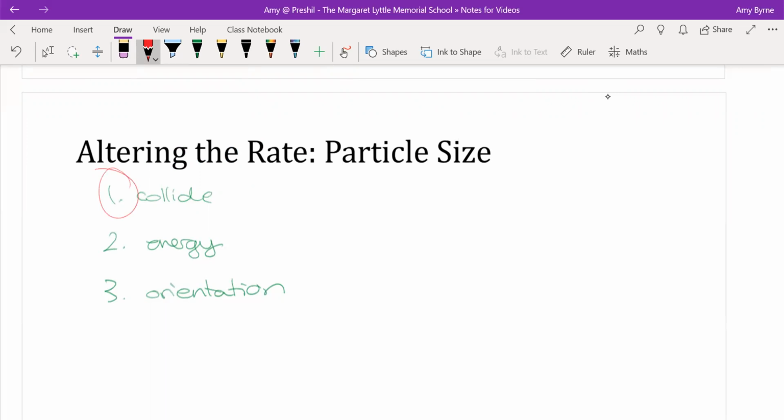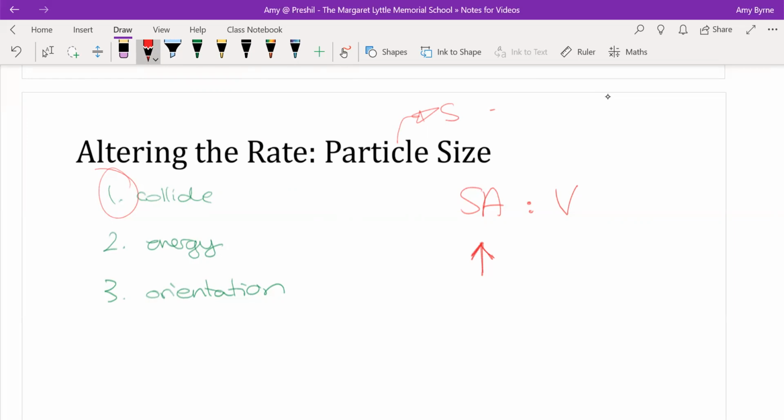The larger our surface area to volume ratio is... particle size is all about the surface area to volume ratio. If I've got a high surface area, there are more of those solids. Particle size is all about solids in the same way pressures were about gases and concentrations were about aqueous solutions.